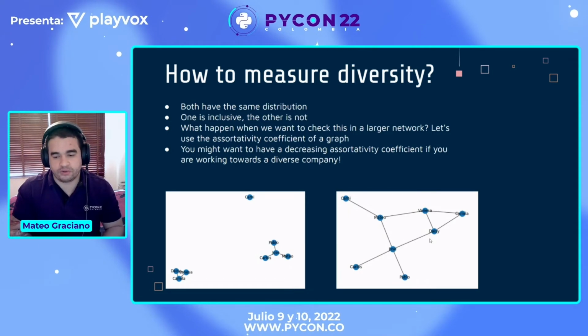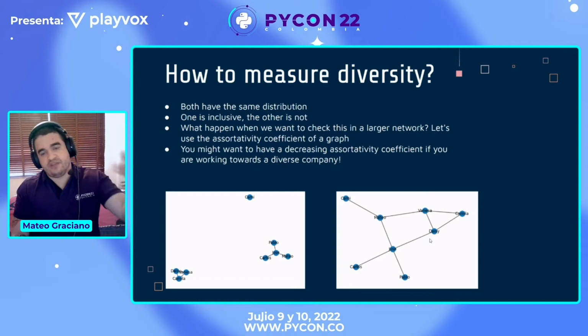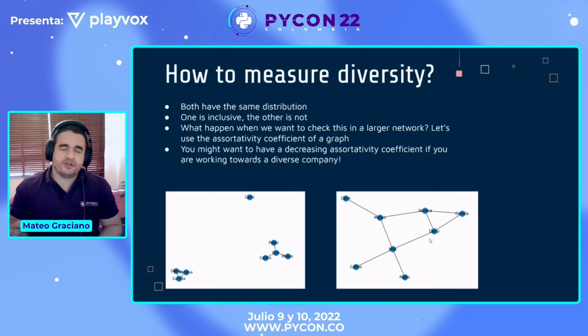You could also look at other measures of diversity, such as ethnicity. And the reality is that if you're working on that, you will need an assortativity coefficient that is going down. Maybe it's not going to be 0. It is impossible for it to be 0. But if you are working on a diverse company, you will want a decreasing assortativity coefficient.